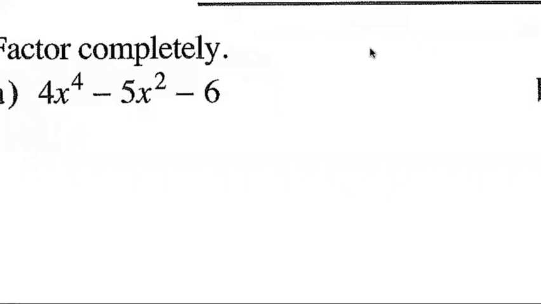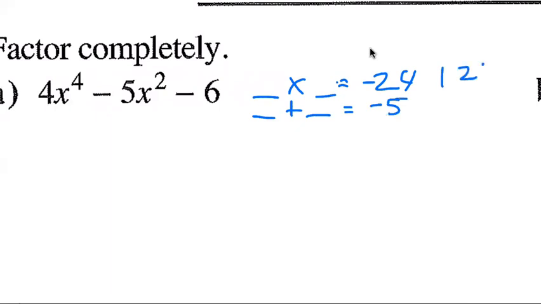So I look for two numbers that multiply together to give -24. Those same two numbers add together to give -5. My choices are 1 and 24, 2 and 12, 3 and 8, 4 and 6. Oh, that looks like 3 and 8 to get -5.